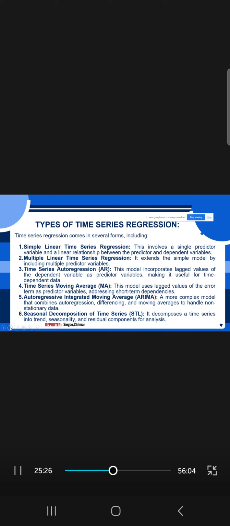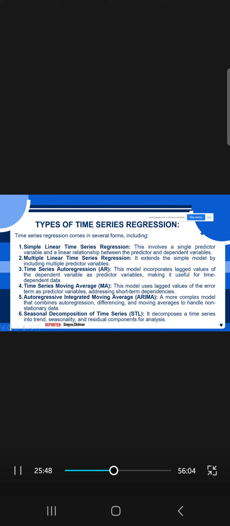Multiple linear time series regression is a regression model that is used to model the relationship between a dependent variable and multiple independent variables. The independent variables are a set of variables that are thought to influence the dependent variable.